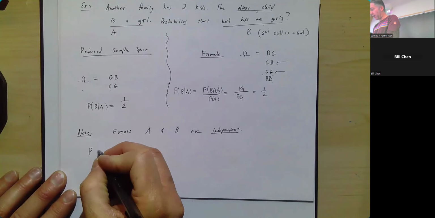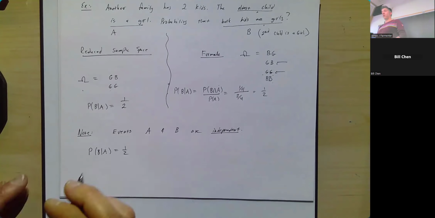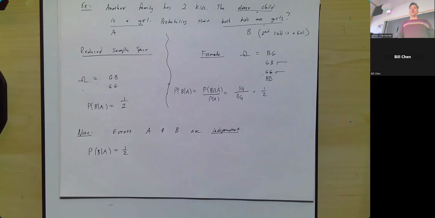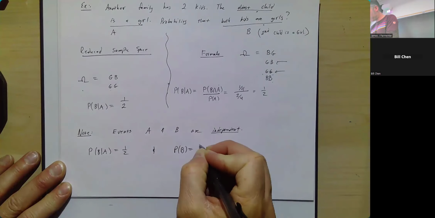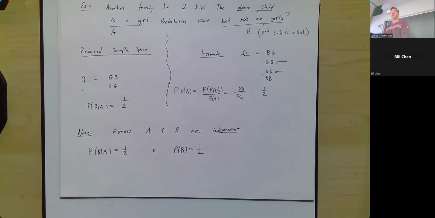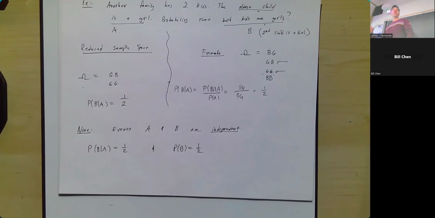The probability of B given A is 1/2. Or in other words, knowing that the first child is a girl, the probability the second child is a girl is 1/2. But if you hadn't known the first kid was a girl, you would still know that the probability the second child was a girl was 1/2. Which means that A and B are independent, because knowing that A has happened didn't change the probability of B happening.